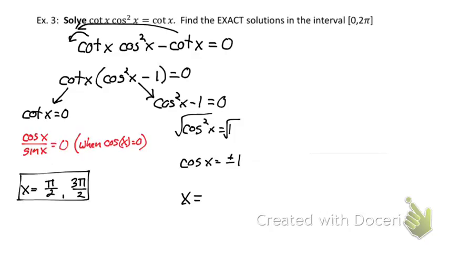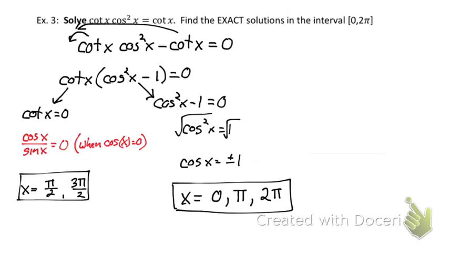So cosine equals plus or minus 1 at 0, at pi, and here's the curveball, 2 pi, because it says list all of them from 0 to 2 pi, including 0 and 2 pi.